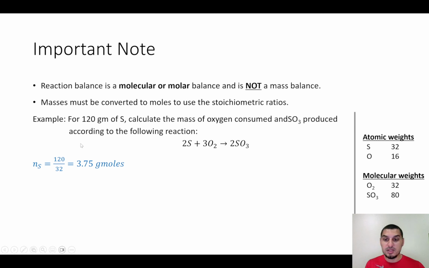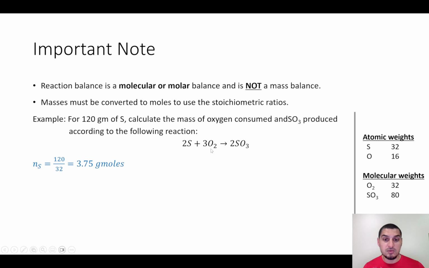We have 120 grams, and one mole is 32 grams, so this is 3.75 gram moles. And now I can use this number for calculating the number of moles of oxygen and sulfur trioxide based on the stoichiometric ratio.